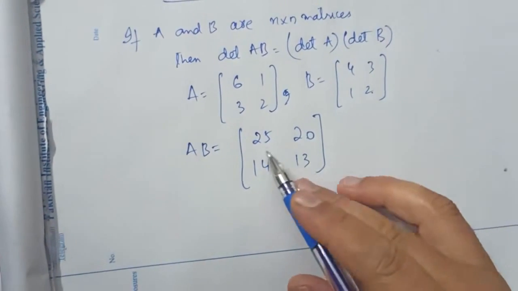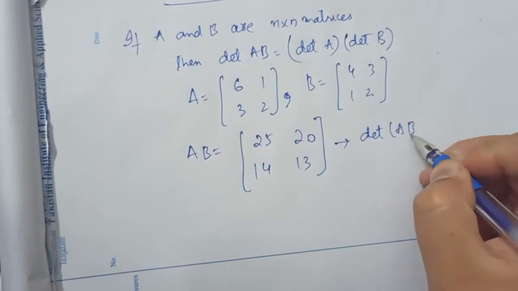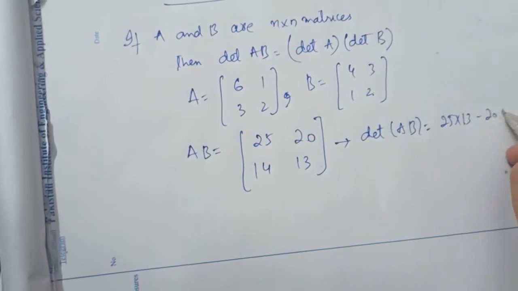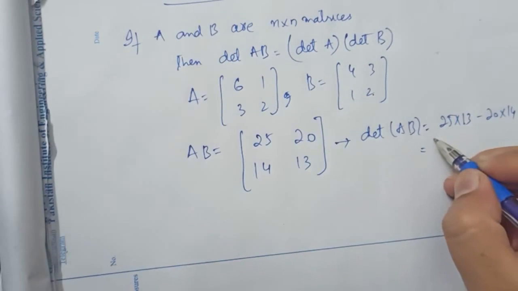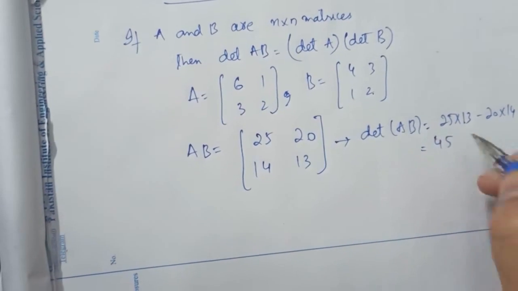Now if you calculate the determinant of AB, that becomes 25 into 13 minus 20 into 14, that becomes 325 minus 280, that becomes 45, right?